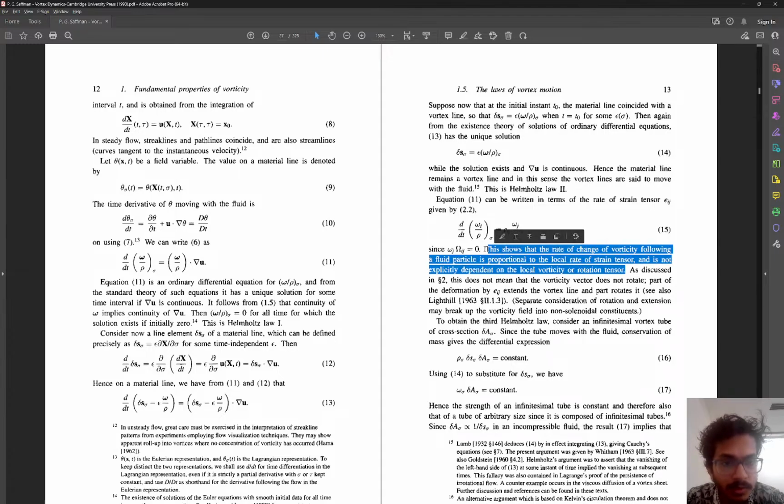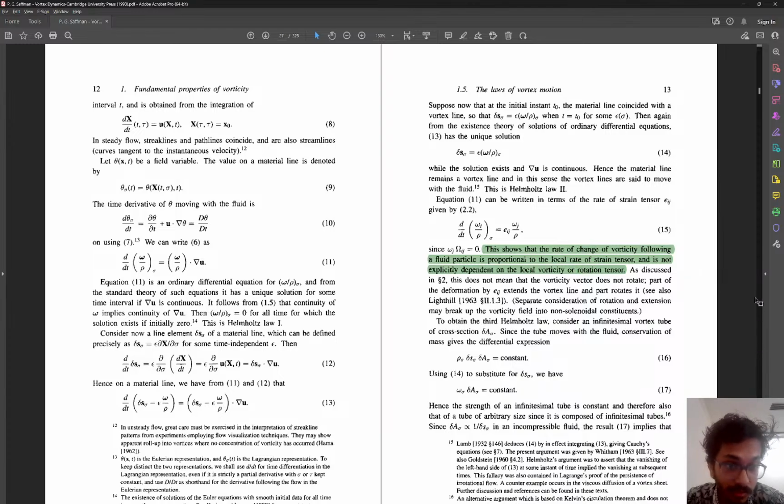this shows that the rate of change of vorticity following a fluid flow is proportional to the local change of the strain tensor. It does not explicitly depend on the local vorticity or rotation tensor. Our local strain tensor is zero for what? Is that correct?